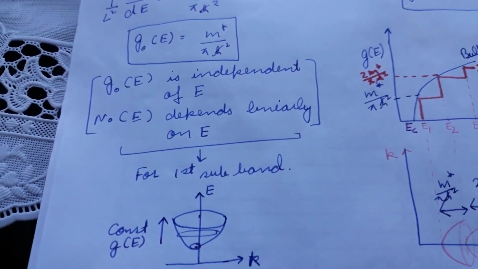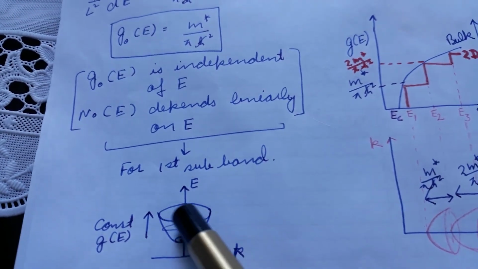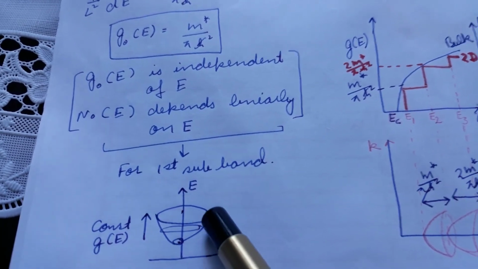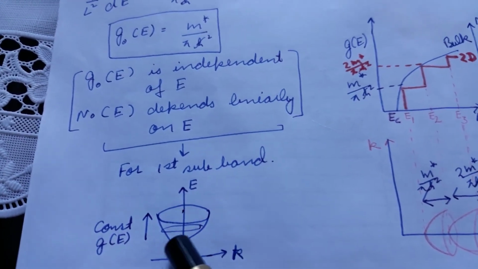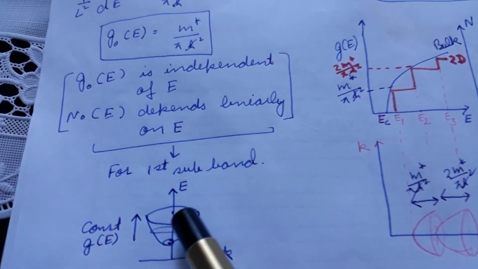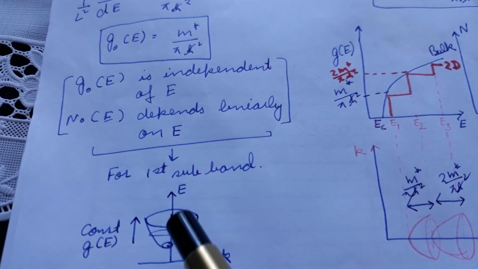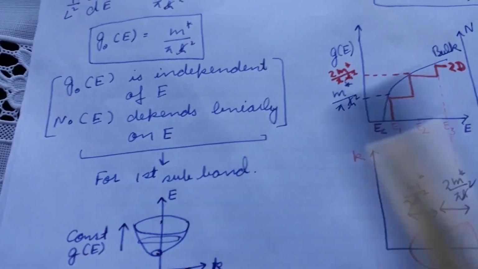Now how is this possible? Because we know that the states that we are calculating are actually on these circles that I have drawn here, and the smaller the circle, the larger the number of states, and the larger the diameter of the circle, the lesser the number of states. That is why the density will stay constant.